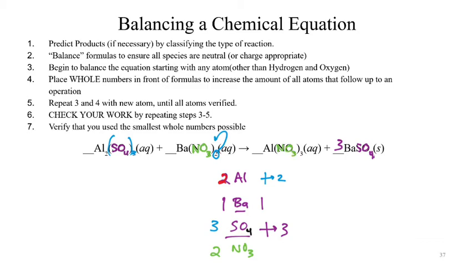For those that did. The nitrate on the right shows up 3 times. How do you make 2 equal to 3? What's that? Find the least common multiple.